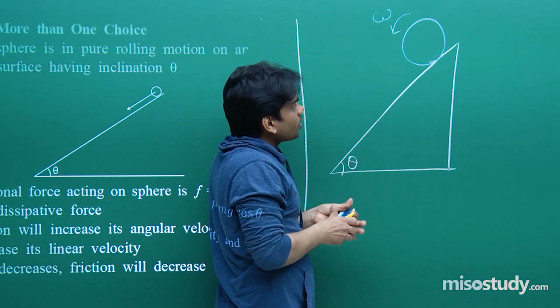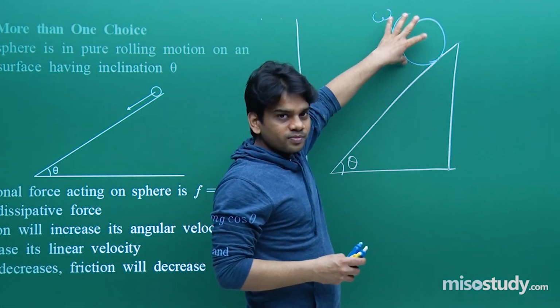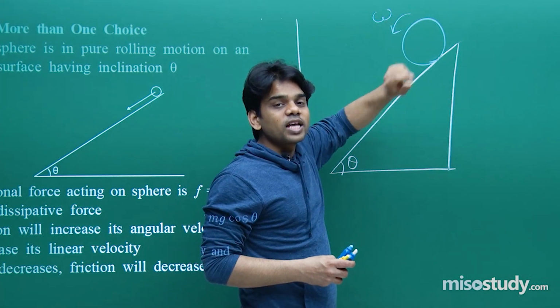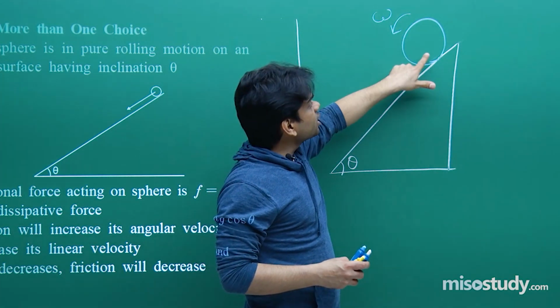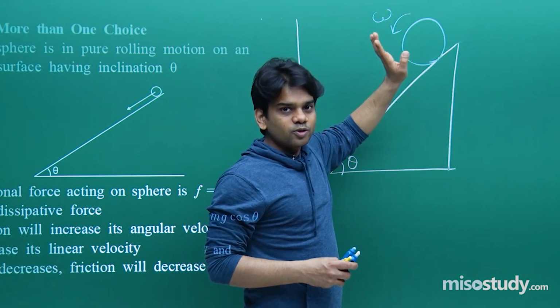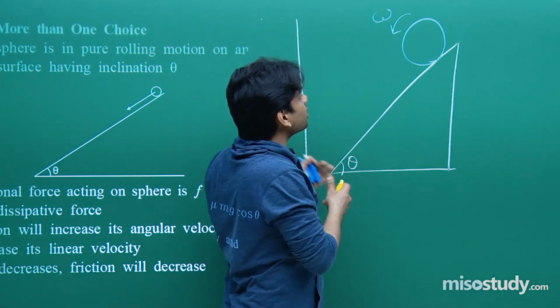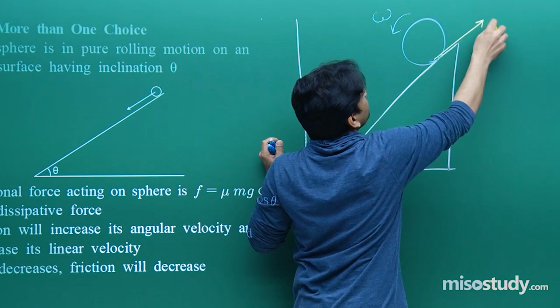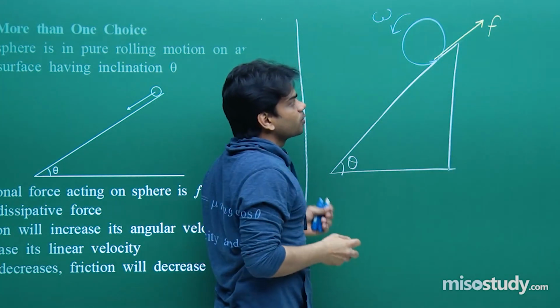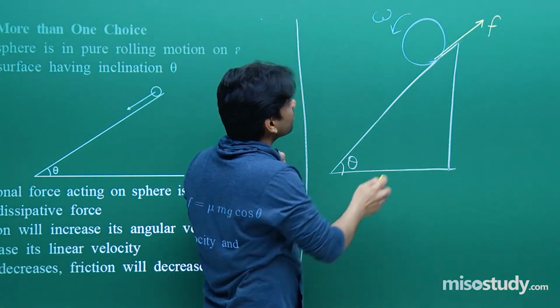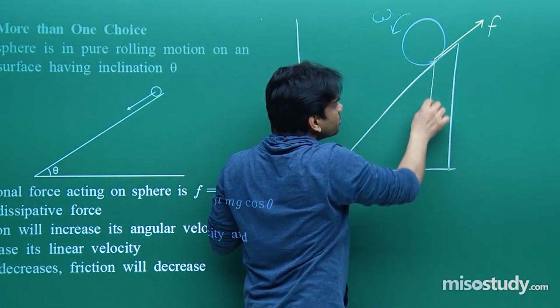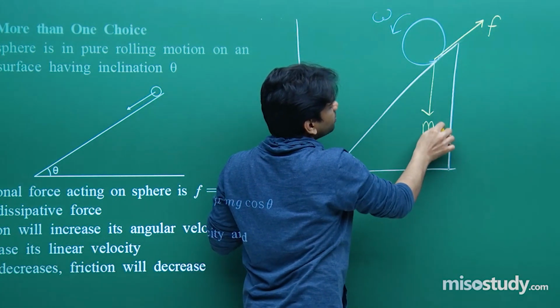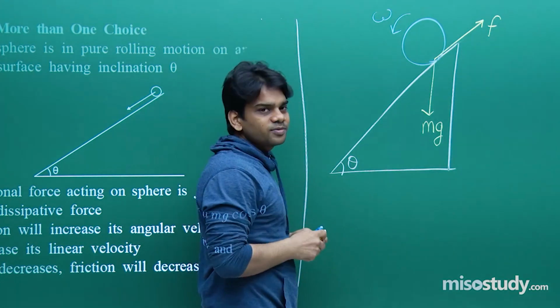First of all, as it rolls, try to understand the friction force acting on the body. This part tries to rub it, and the frictional force acting on it will be along this direction. Next, let us write down the weight mg that will be acting along this direction.